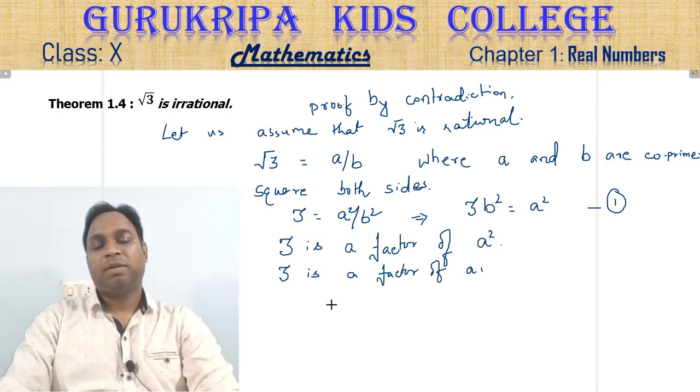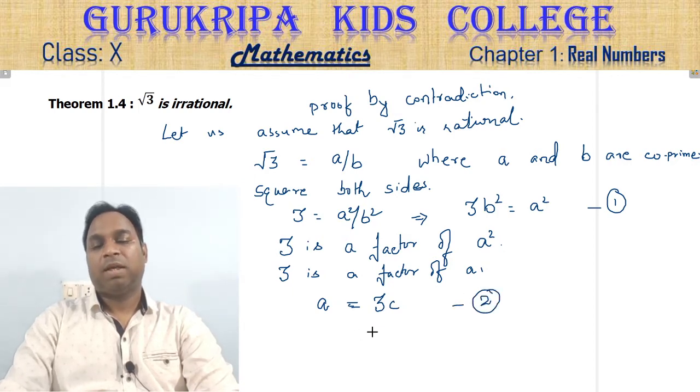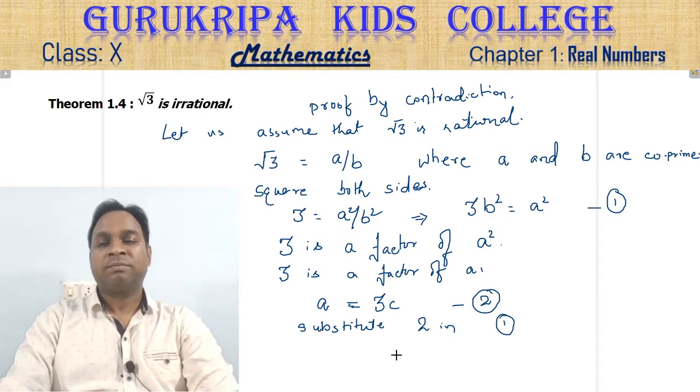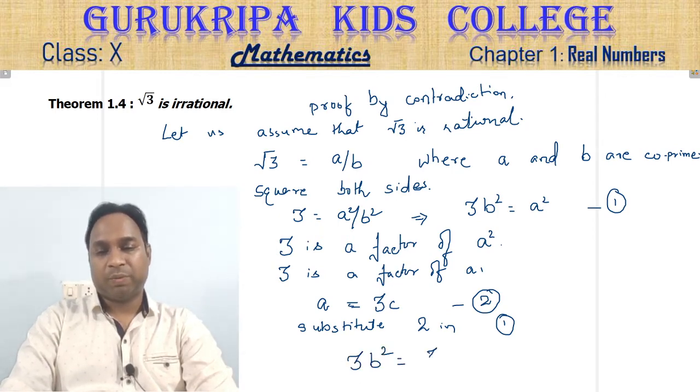So we can write a is equal to 3 times c. Substitute 2 in 1. What do we get? Value of a we have to write as 3c. That means 3b square is equal to 3c whole square, that will be equal to 9c square.